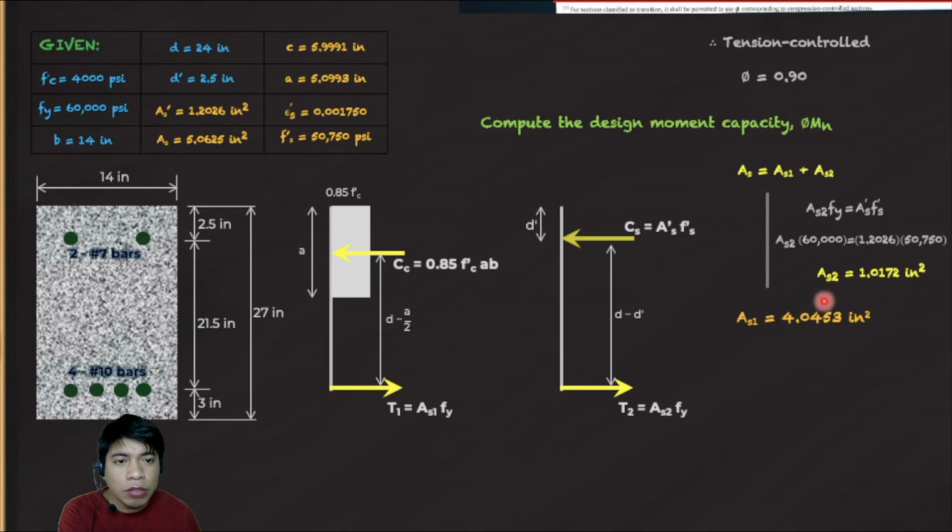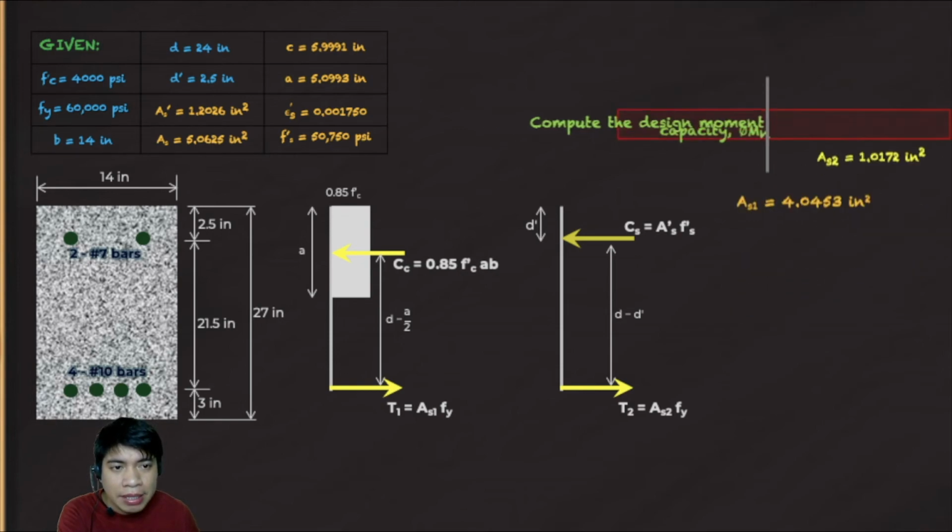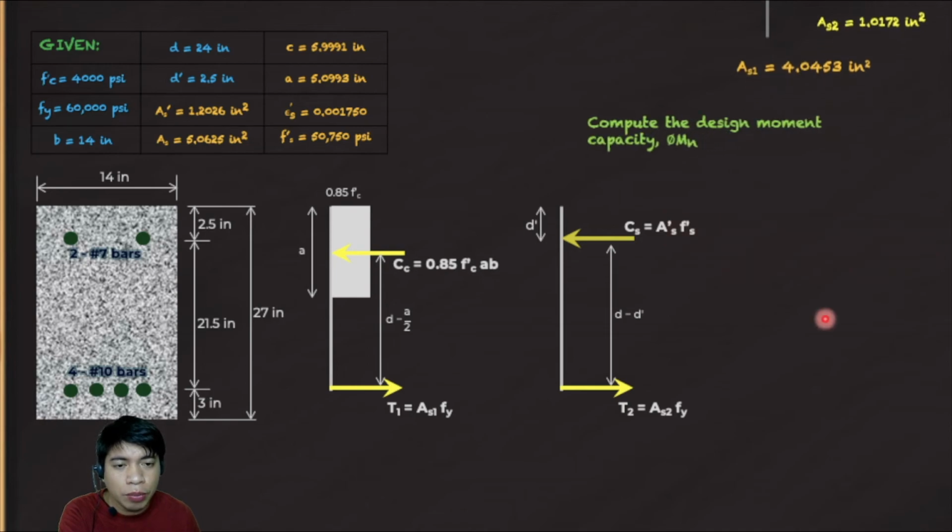Okay, so ngayon guys, alam na natin si As1 tsaka si As2, then we can now start computing the design moment capacity, that is phi Mn. Alam natin na yung Mn is simply the sum ng couple na na-create ni T1 at saka ni Cc at saka yung couple na na-create nila T2 at saka ni Cs.